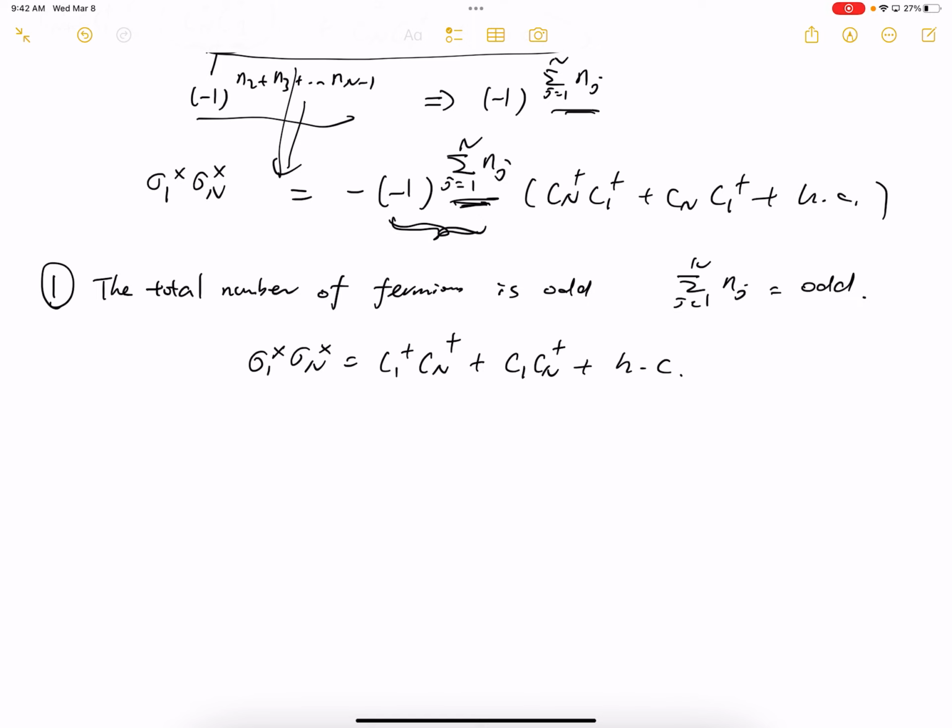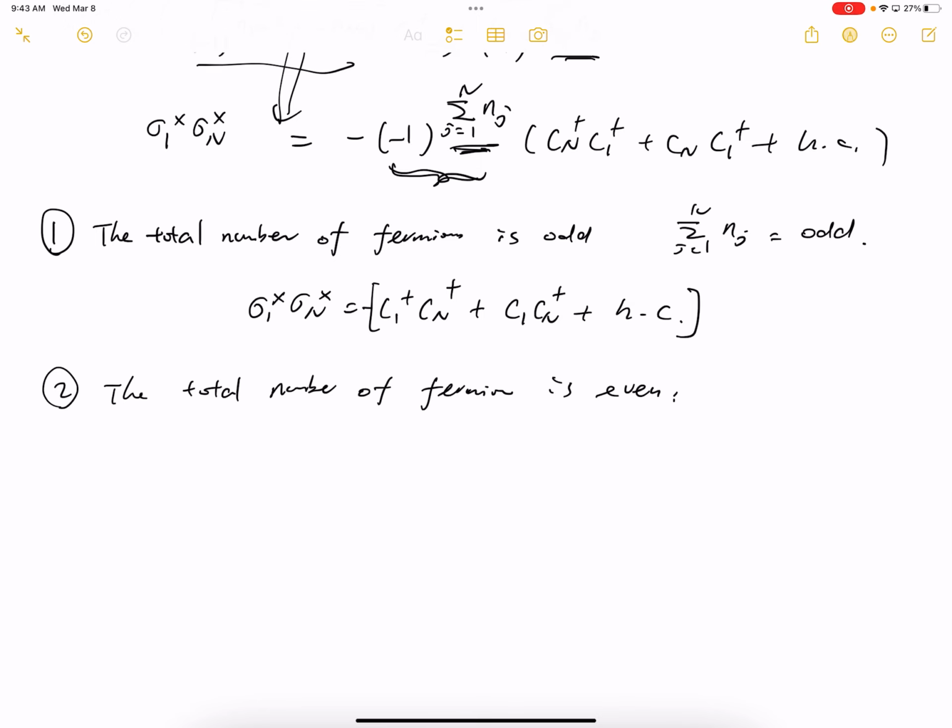Sorry, I think I have a minus sign here. And then there's another case where the total number of fermions is even. In this case, you will have the opposite of this, so sigma_1^x sigma_n^x is just going to be the plus sign of this.